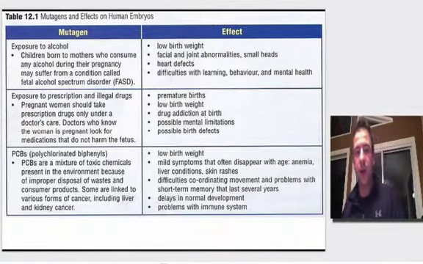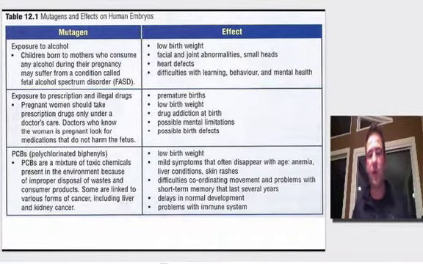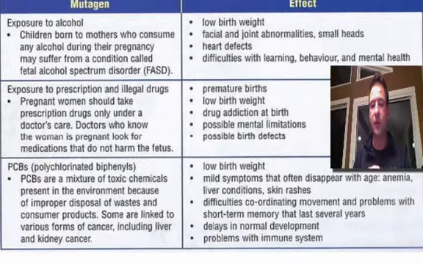I have a chart here that talks about mutagens and effects on human embryos. I'm not going to go through the whole thing, but I'm going to talk about a few things. A few mutagens, these environmental factors causing mutations or abnormal genes, are exposure to alcohol, exposure to prescription or illegal drugs, and PCBs. If a mother is consuming alcohol during pregnancy, we're going to get a condition called fetal alcohol spectrum disorder, FASD.